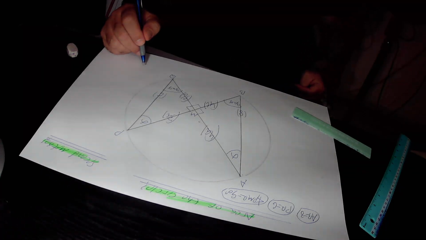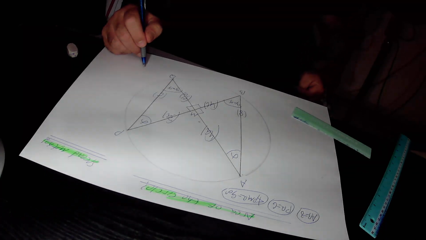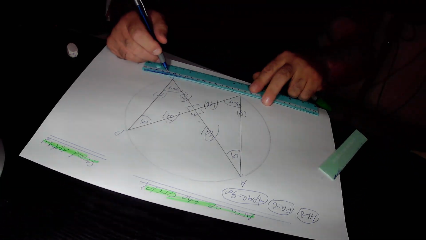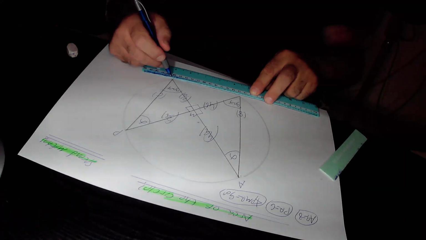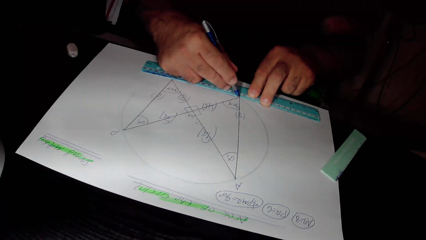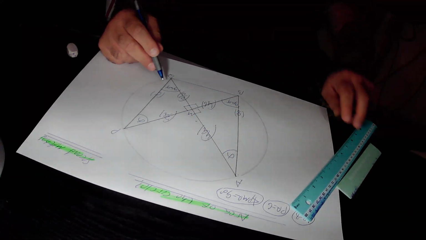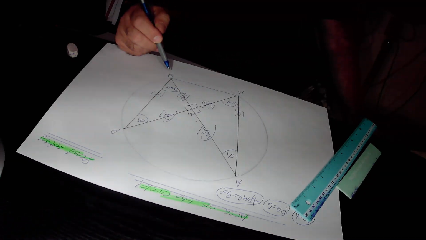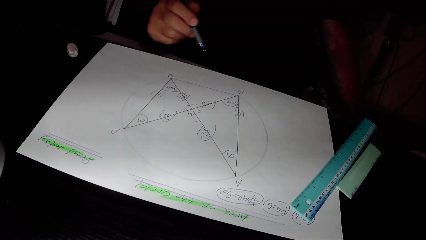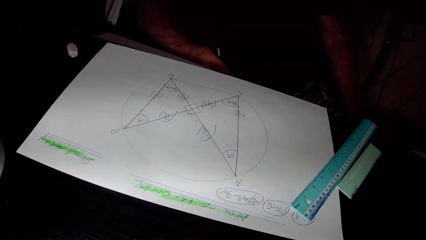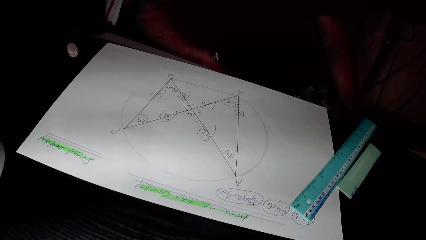In the next step, we will join points B and Q together by a straight line. By joining points B and Q together, we get the right triangle MBQ. So I'll take the right triangle MBQ to a new page and we will apply the Pythagoras theorem on it. According to the Pythagoras theorem, in any right triangle, the square of the hypotenuse equals the sum of the squares of the perpendicular sides.